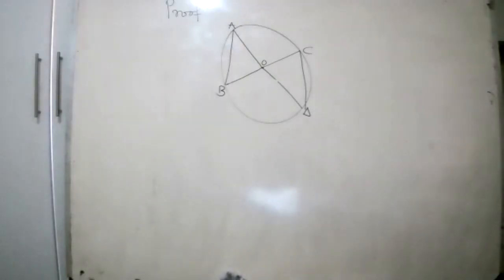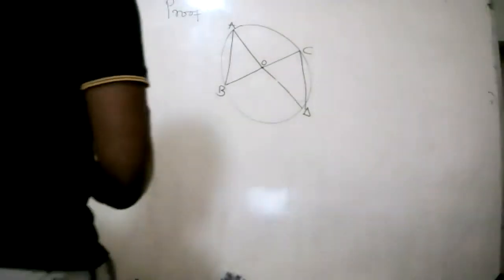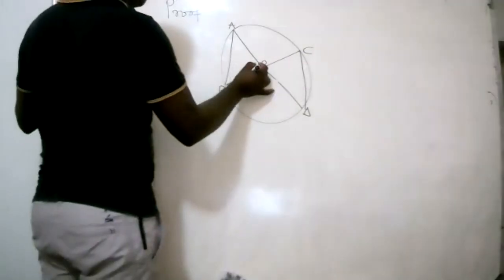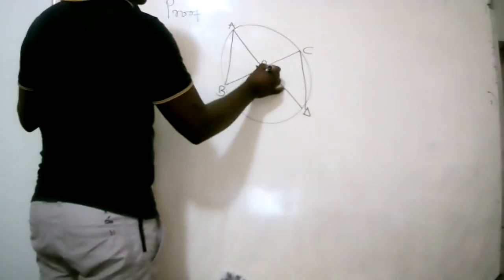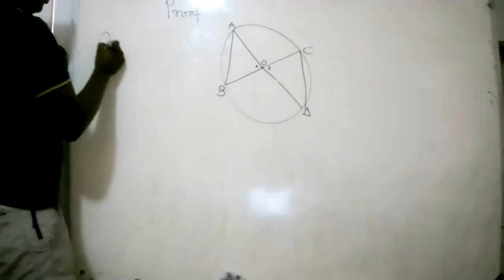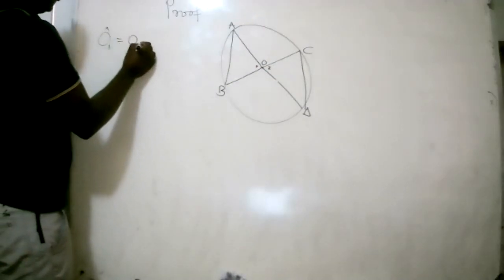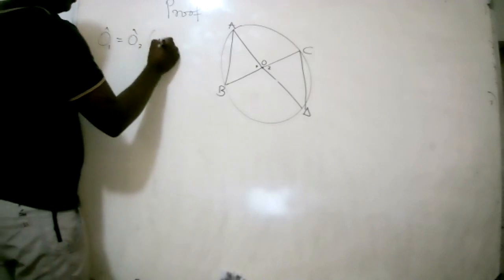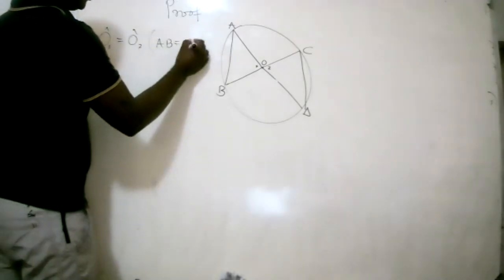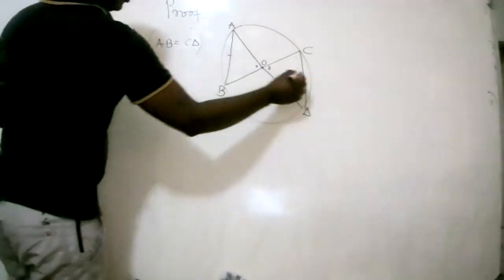So this is the theorem I want to prove for you just now, wherein we want to prove that angle O1 will be equal to angle O2. So angle O1 will be equal to angle O2 only if AB is equal to CD.